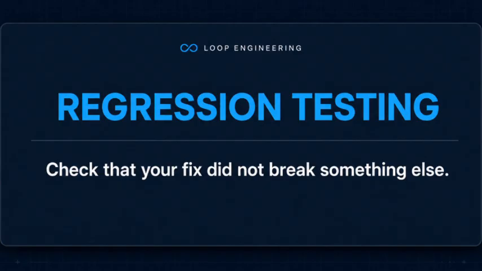Regression testing may sound technical, but the idea is very simple. You fixed one thing, now you check that the fix did not break something else that was already working. And that's it. It's pretty much as simple as that.